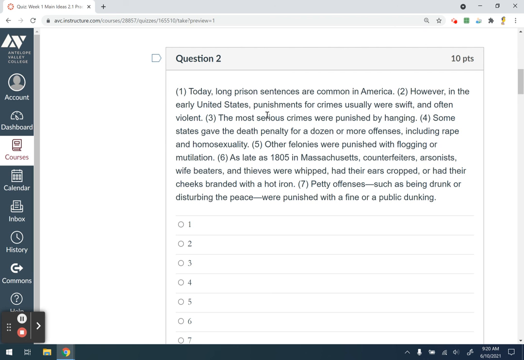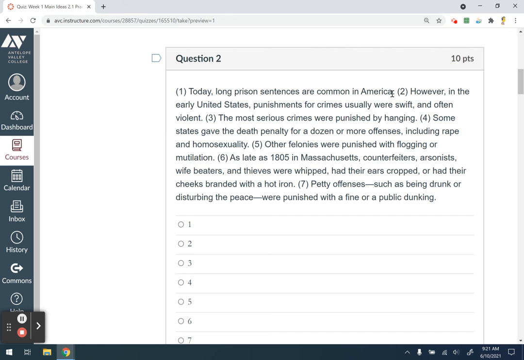So this is what we call an introductory sentence. It's laying the groundwork, introducing the reader, you, to the subject, to give you a hint at what is going to come up. So the main idea here, we know it's talking about crimes, and they do mention punishment.